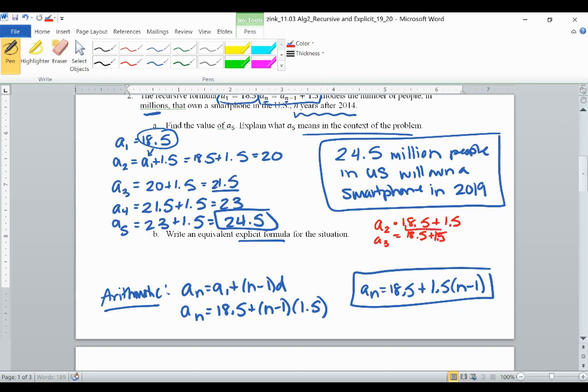So that's this right here. And then you're adding another 1.5 to that. A sub 4, you're taking everything you just had and you're adding 1.5 to that.